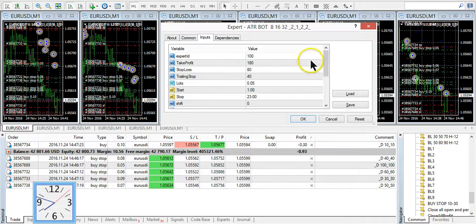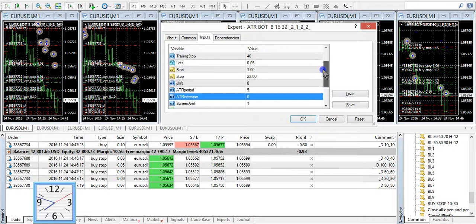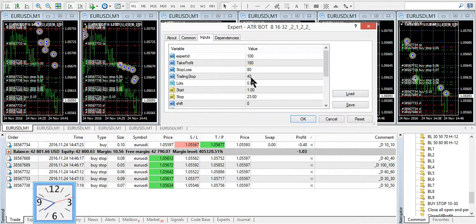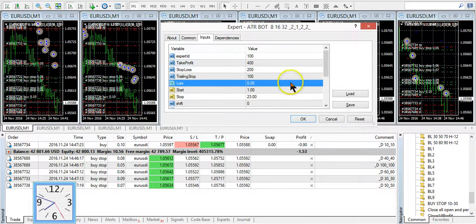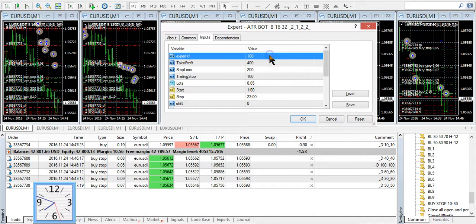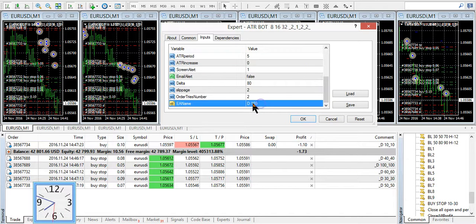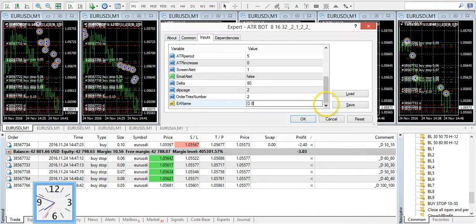And then, of course, if it's going to trade really small, it's only trading a half, I'm going to put a trailing stop of, say, 10, and I'll put an initial stop of 20, and I'm looking to make 40. And I'm going to call this 80 here, and at the very bottom I'm going to call it D80, and then you probably put ATR.